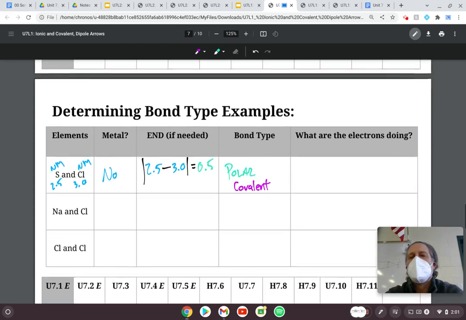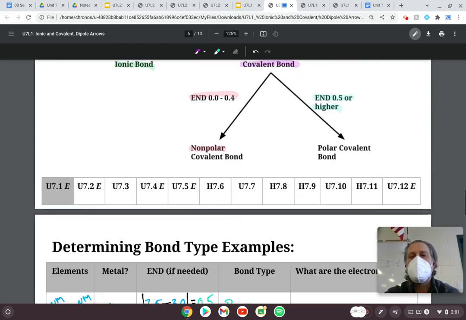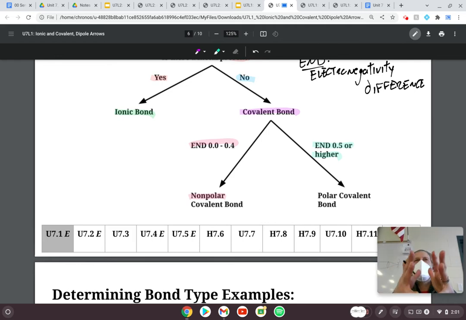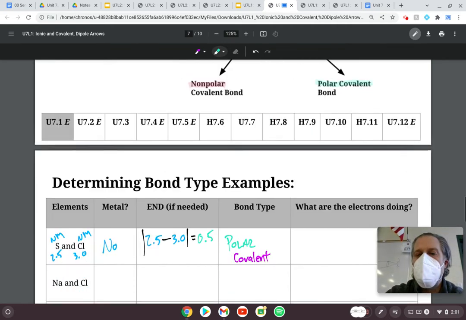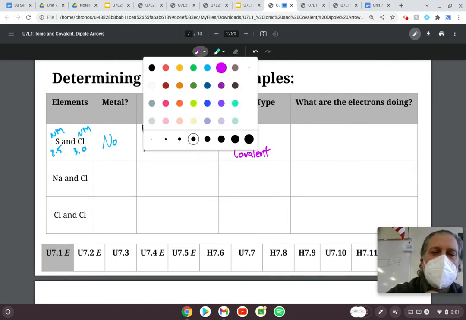Now, going back up to my chart, my electronegativity difference is 0.5 or greater, so that means it's a polar covalent bond. Okay. Now, what are the electrons actually doing?